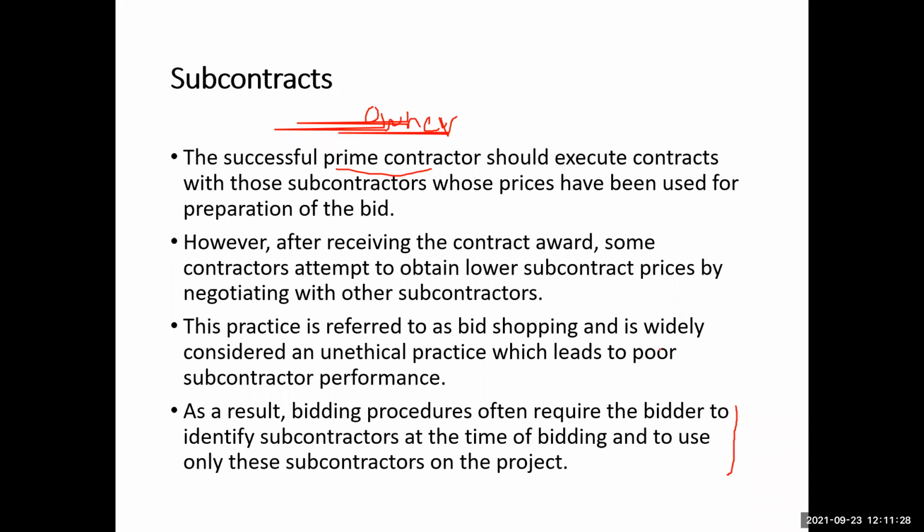Then the main contractor can change his mind and try to employ some other subcontractors whose prices may be low, or maybe their quality may not be high either. So it can happen anytime. In order to avoid this situation, such a clause may be included in the bidding documents, that you have to name the subcontractors whose bids will be included.